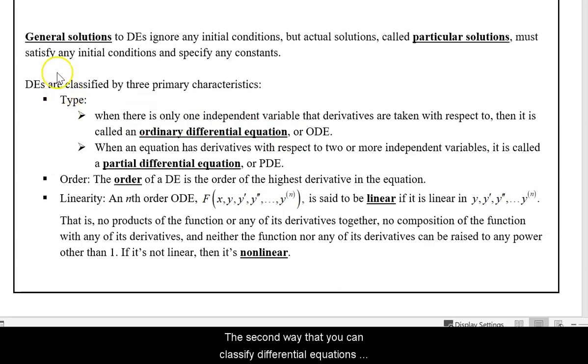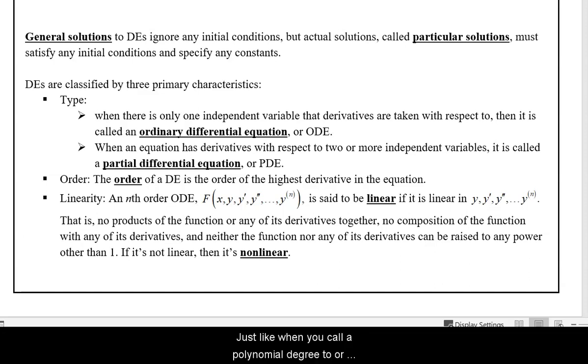The second way that you can classify differential equations is by what's called the order. Now, the order of a differential equation just refers to the highest derivative in that equation. So in the two examples we've done so far, we've looked at differential equations that had both y prime and y double prime, or the first derivative and the second derivative.